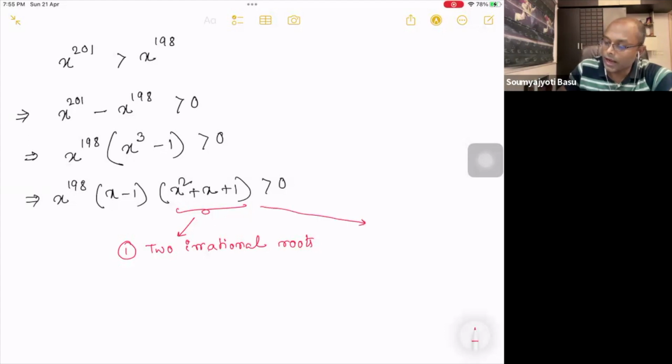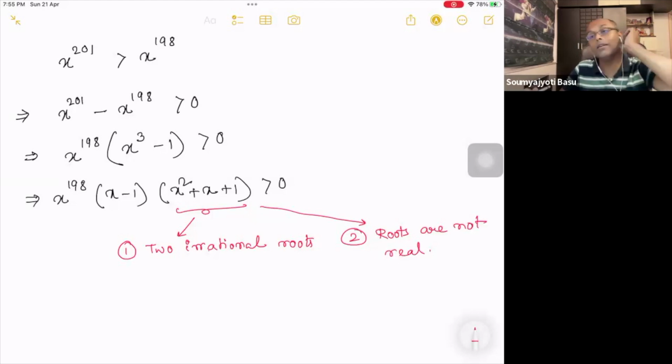Or the other case, maybe the roots are not real. If you remember the quadratic equation curve, there can be a situation where the roots are not real. So what is happening over here?